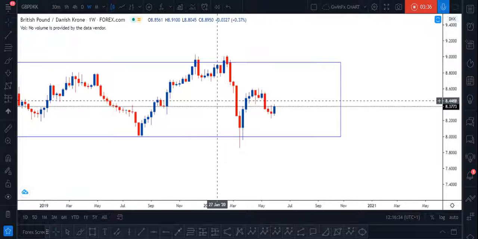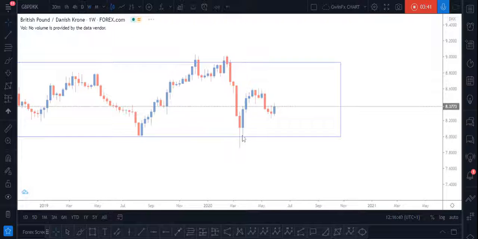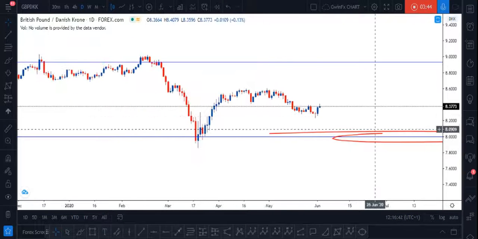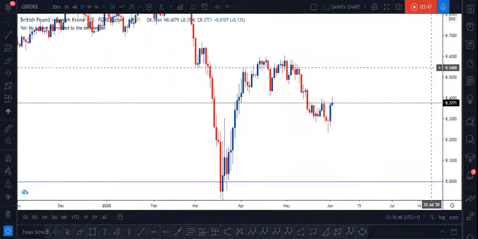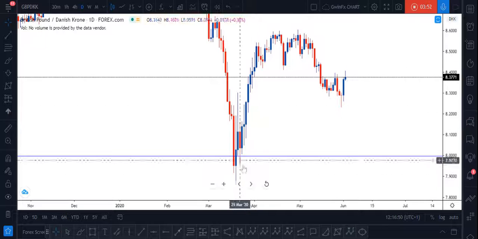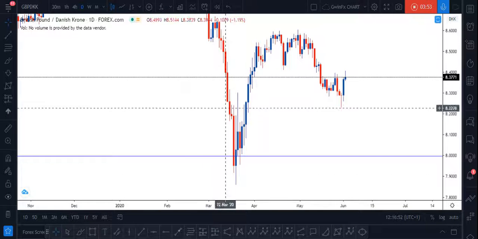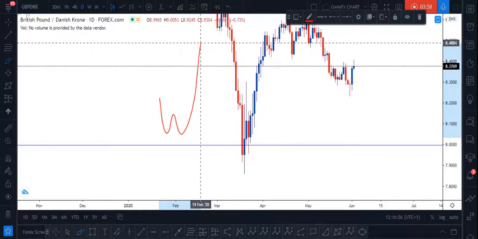One of the things we can also say is that we want to overall sell the GBP against the Danish krone. So what do we have from the daily time frame? When the price was doing a bit of an upside, the market formed this overextended W pattern.